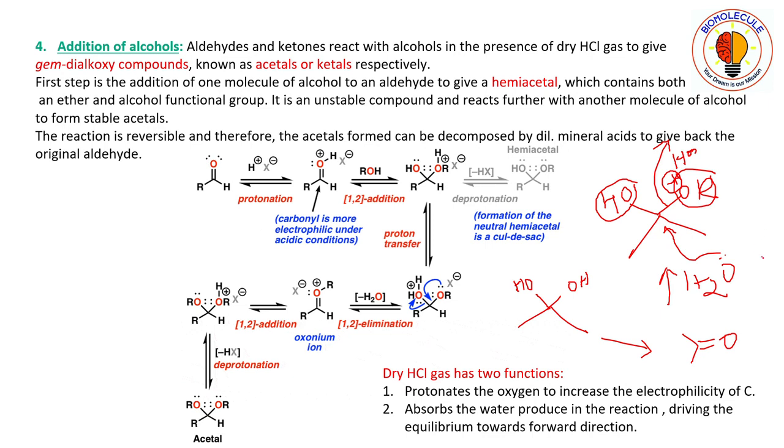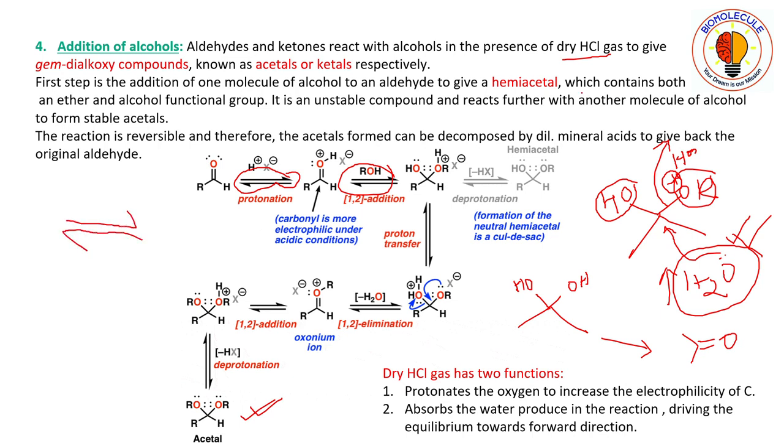So if water is present, then it is very dangerous. What dry HCl does is take up the water molecules. Now in the reaction mixture no water molecules are present, so you can have your acetal. You can see all the reactions are reversible, which means in equilibrium there is a forward reaction and an equal amount of backward reaction.